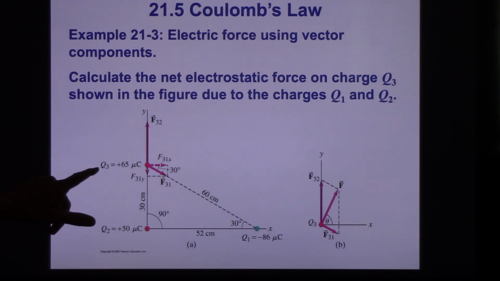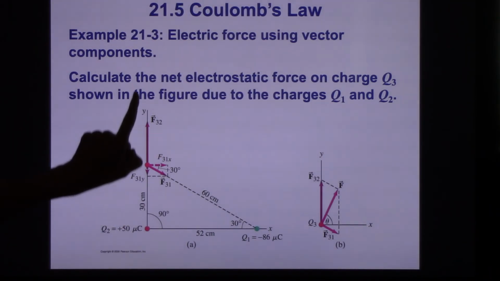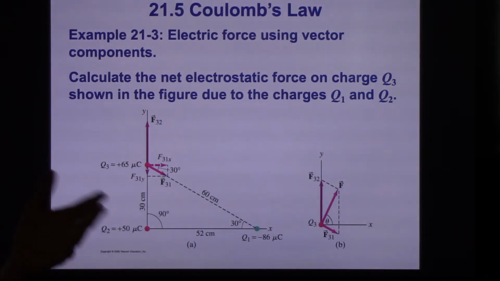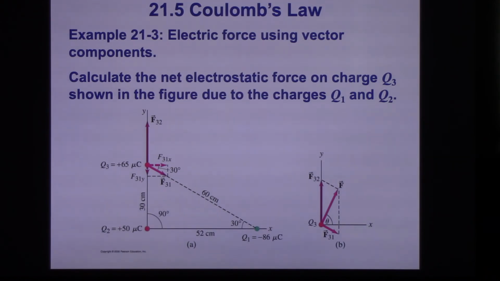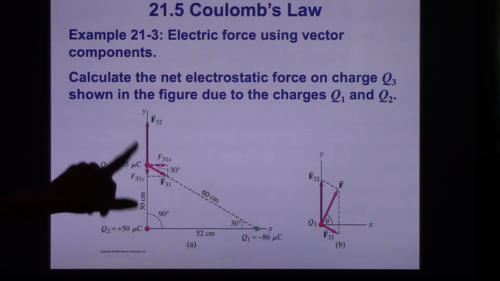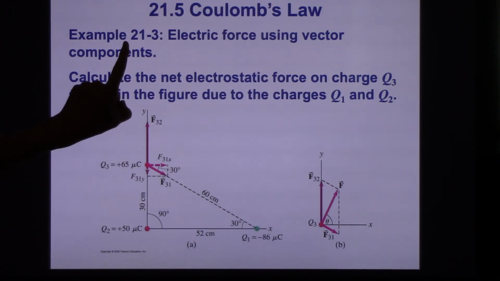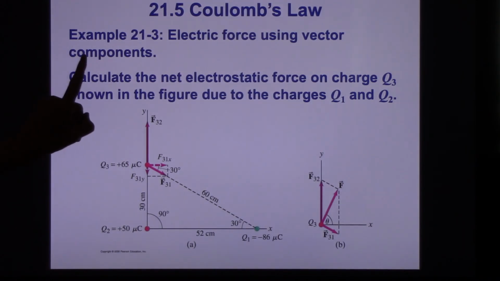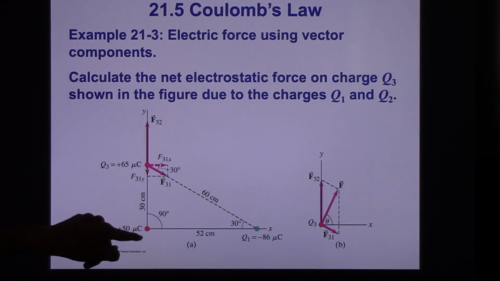And as far as object 3 is concerned, that's going to give it a force directly in the positive y direction. So I'll write that in the diagram here. Object 3 will experience a force in the positive y direction because of the presence of charge 2.